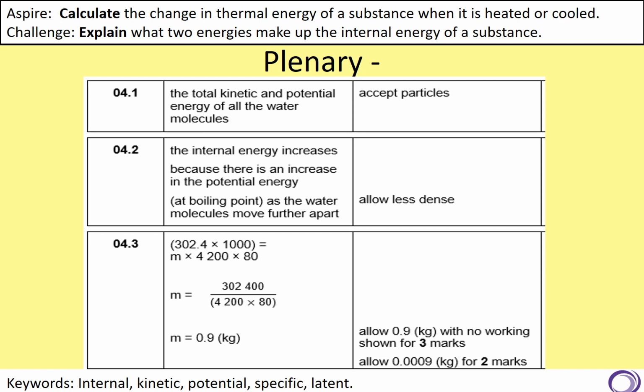That would have got you a mark. Next mark is if you then rearranged it correctly, so you divided it by 4,200 times 80. And then the last mark is for putting 0.9, and if you just put 0.9 this time, it does get you all of the marks.